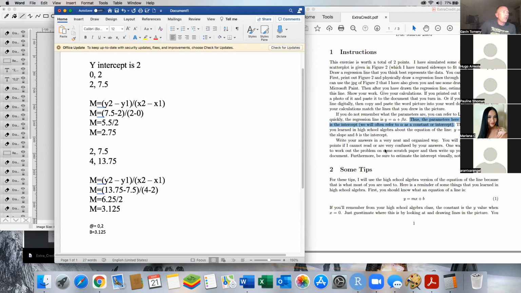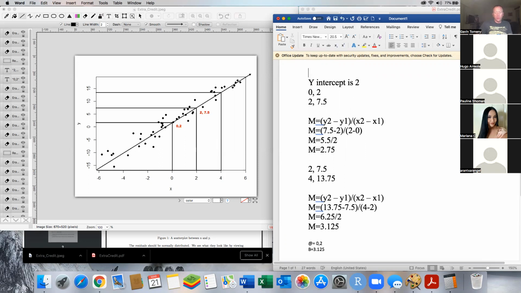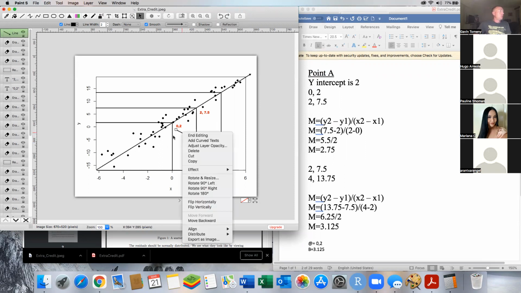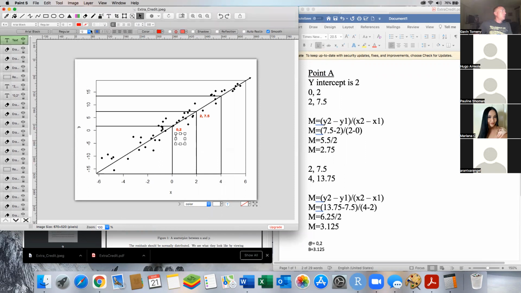You will get very little, if any, points if I cannot read or am very confused by your answers. So if adding sentences helps, maybe name this point A and this point B, and do point A with this underlined.